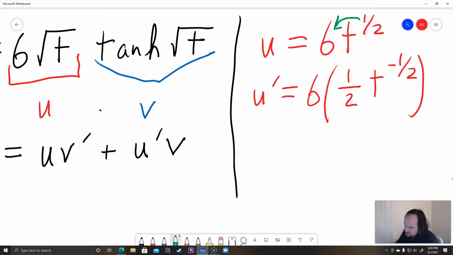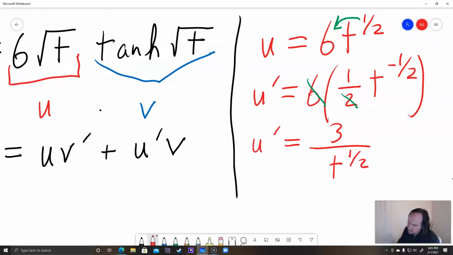And then the 6 and the 2 cancel out, and we get 3 on the top. So we're going to get u prime equals 3 over t to the positive 1/2. What I did there is 6 divided by 2 is 3 on the top, and then on the bottom, I moved this t to the negative 1/2 down to the denominator, like we always do, and then that became t to the positive 1/2.